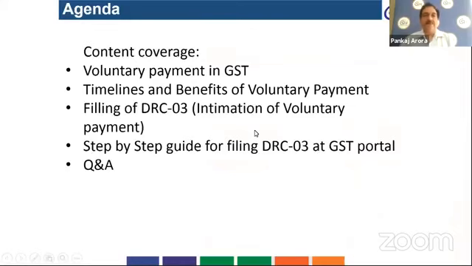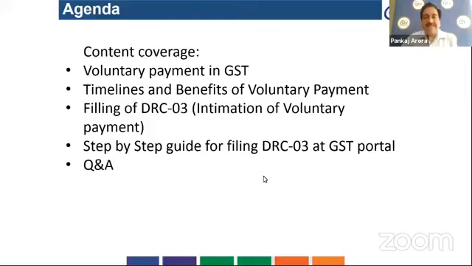So the agenda for today is, first we will have an overview: what is voluntary payment in GST, what are the timelines for voluntary payment, in which cases we can do voluntary payment, and the benefits of voluntary payment. And we will discuss how to file the intimation of voluntary payment, that is form DRC-03 at the GST portal.